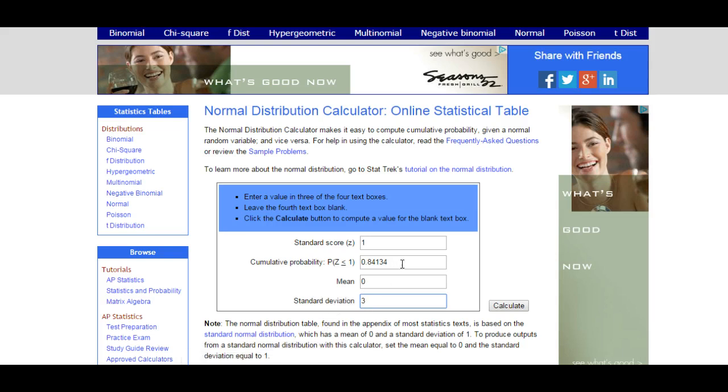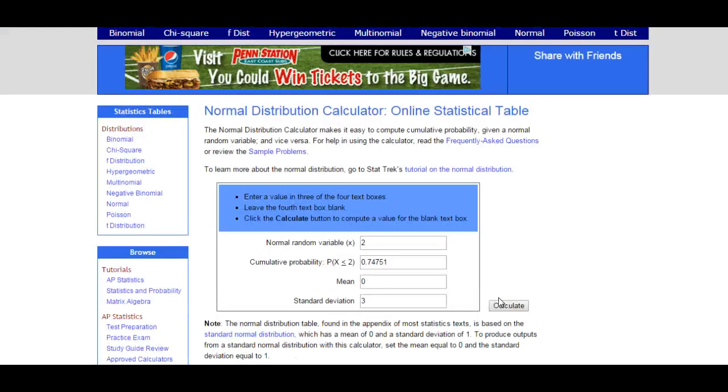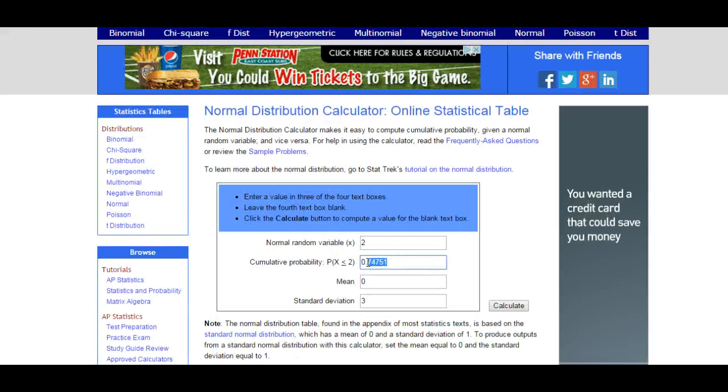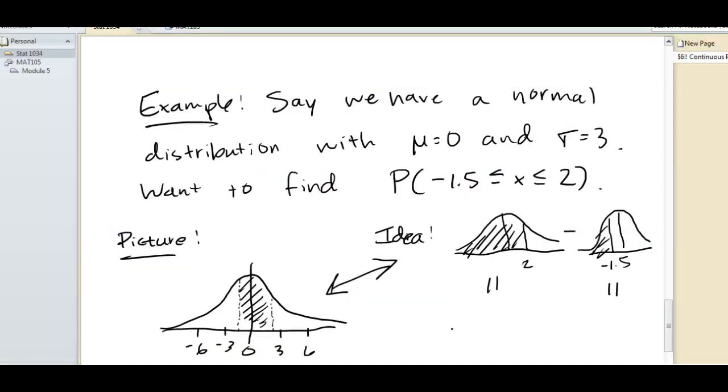The first thing we want to figure out is the values where the z-score is less than 2. So we enter 2, calculate, and we get 0.74751. Let's come back to our notebook and write that down.